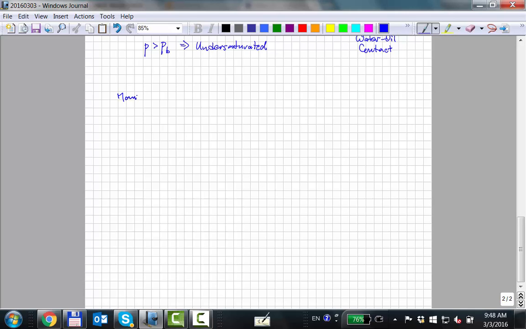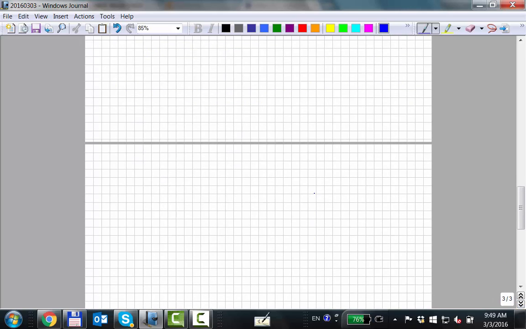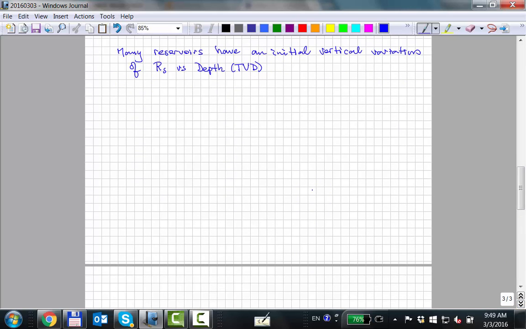I'm just going to say many reservoirs have an initial vertical variation of RS versus depth, true vertical depth. Okay? Why is that? Again, our friend Newton, gravity.